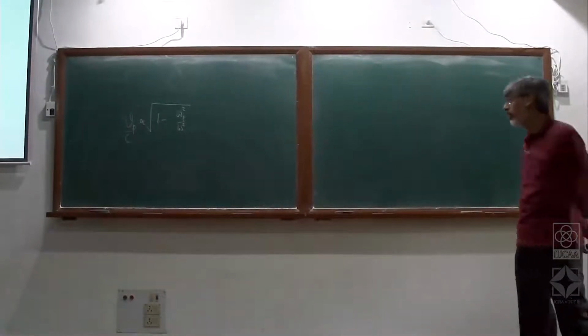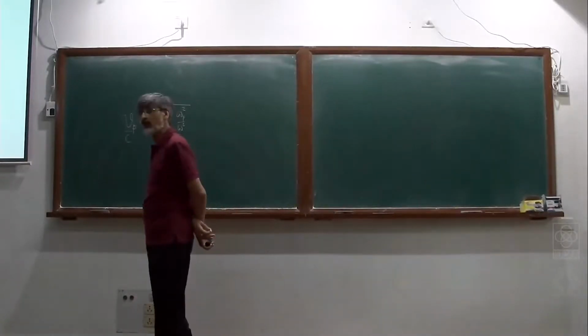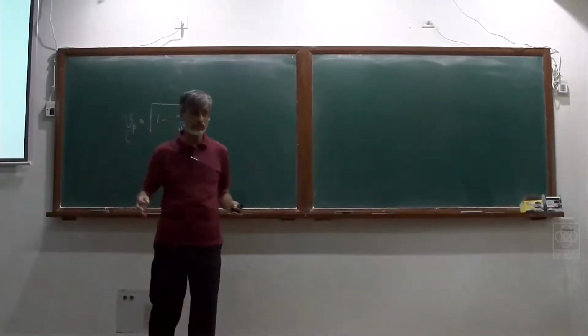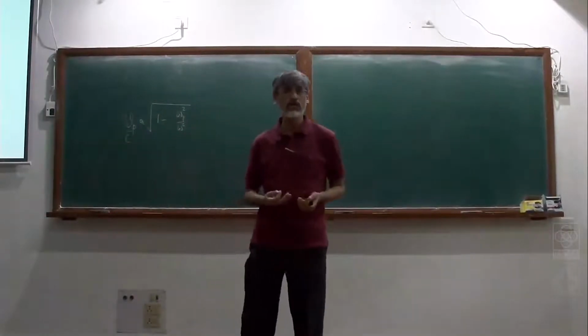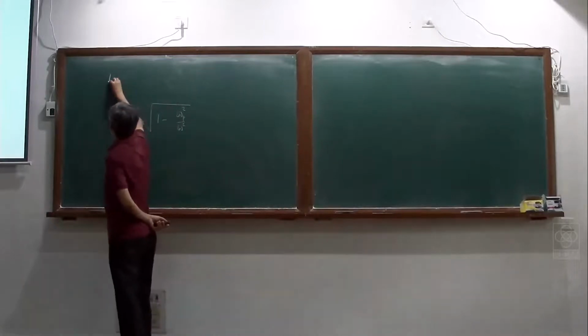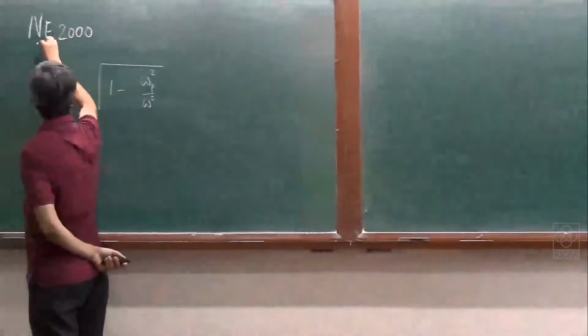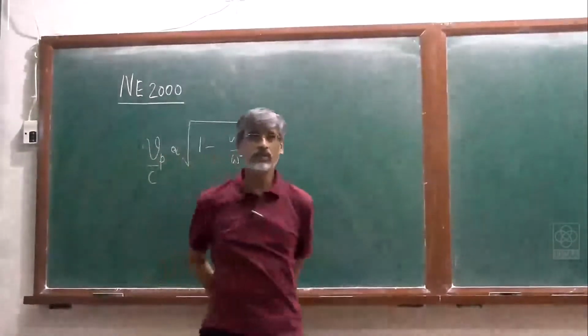So currently all these different pieces of information go into a sort of tabular model of electron density distribution in the galaxy, and this goes by the name NE2000. Okay.